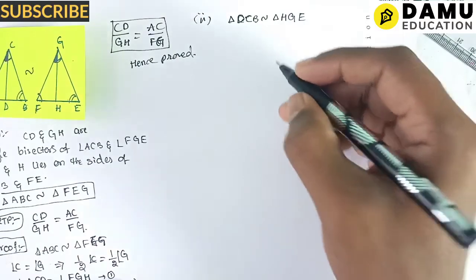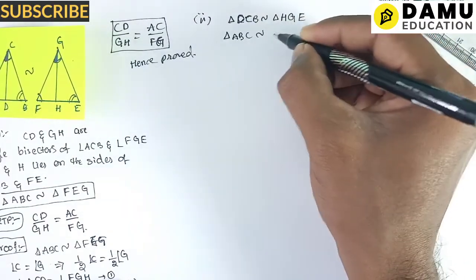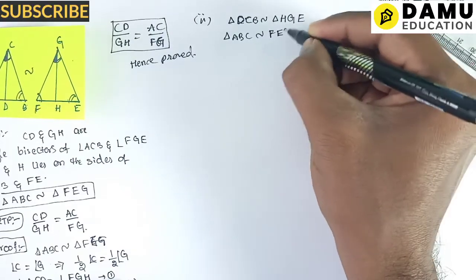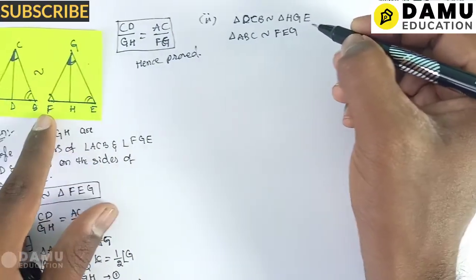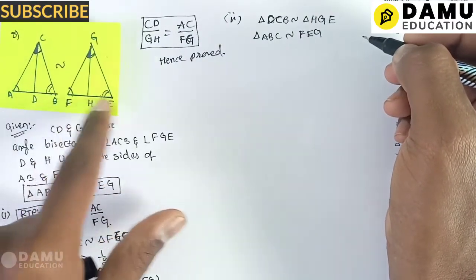For that you have to take again that triangle ABC is similar to triangle FEG. So based on these two triangles, we can proceed.